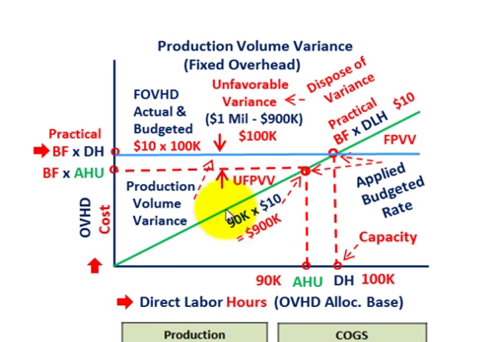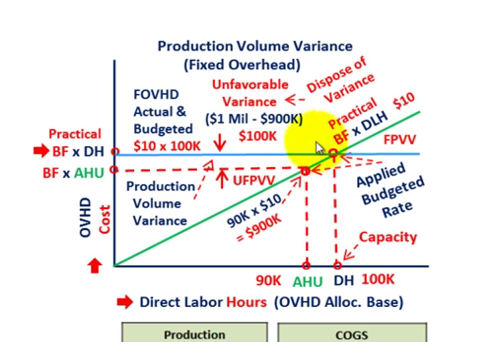The difference is how you allocate it, based on the denominator hours. Had we used the theoretical amount, we would have been applying at $9 per hour, so our line would have been a little less steep. We still would have only produced 90,000 hours, so we'd probably have had a greater production volume variance. Had we used the normal amount, our line would have been up around $11 per hour.